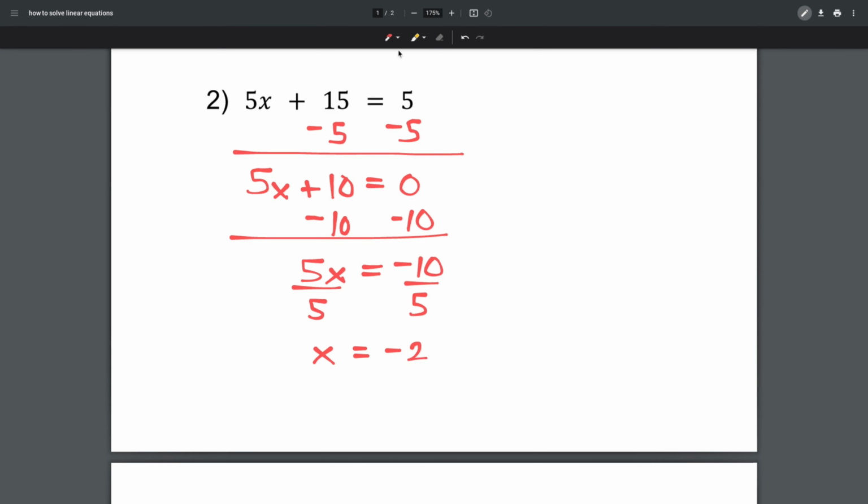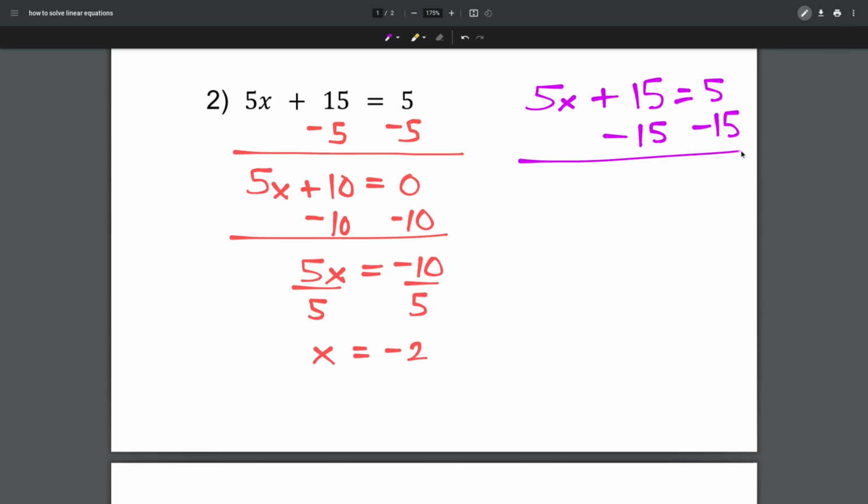Okay, so that's one way to solve it, but you could start off with 5x plus 15 equals 5 and just move the 15 over. So we could just subtract 15 and we get 5x equals negative 10, and then we divide by 5 and we get x equals negative 2.